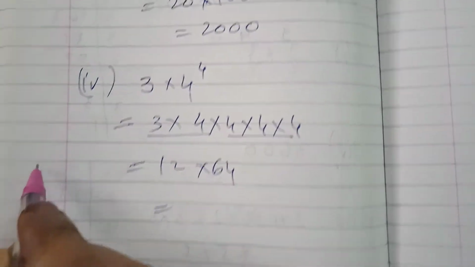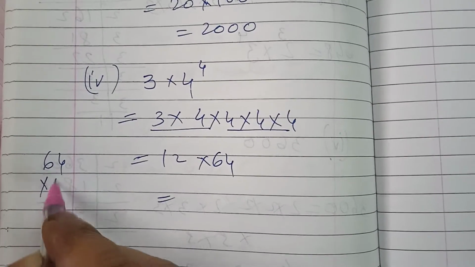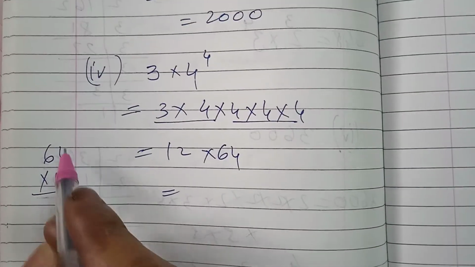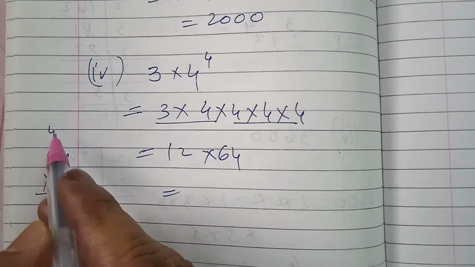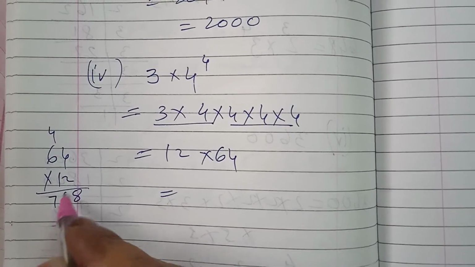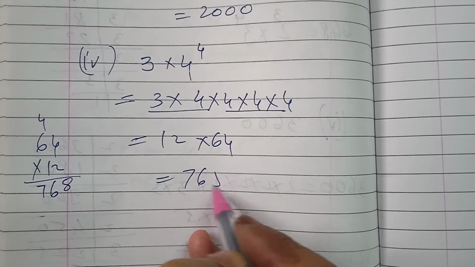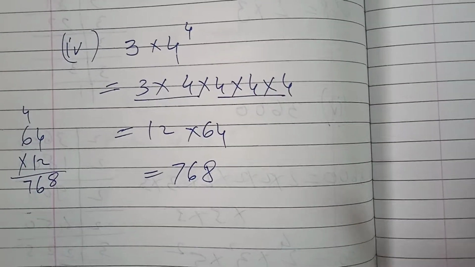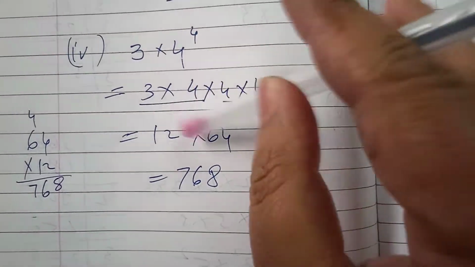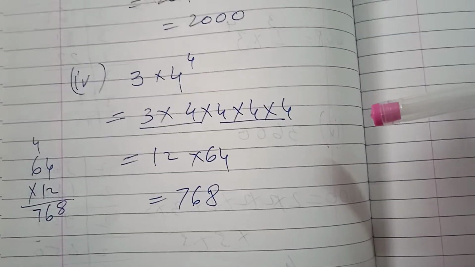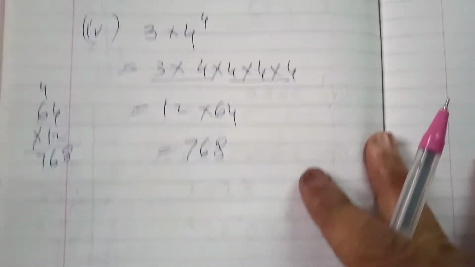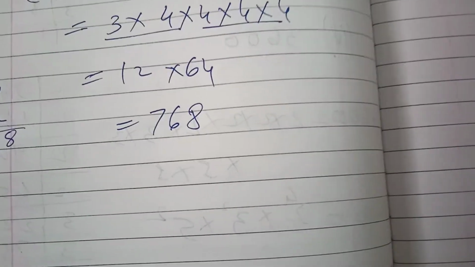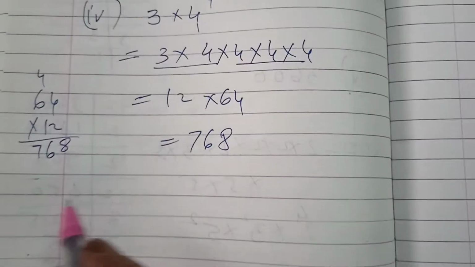Now we do multiplications. 64 into 12. 12 4s are 48, 8 and 4 carry. 12 6s are 72, 72 and 4 is 76, means 768. This is the value of this. Then after that we take the next question.